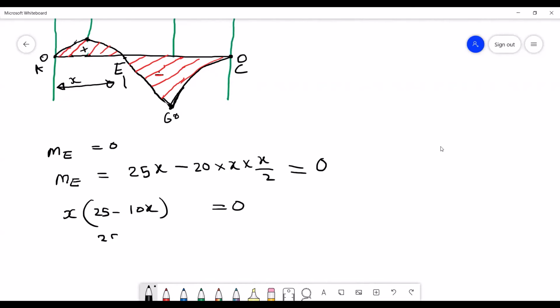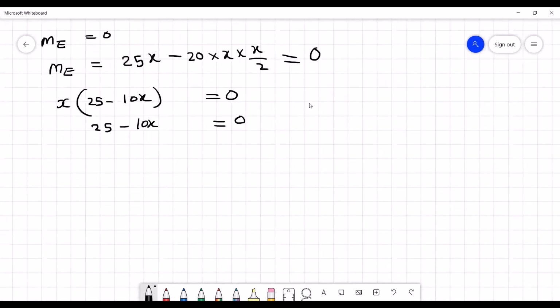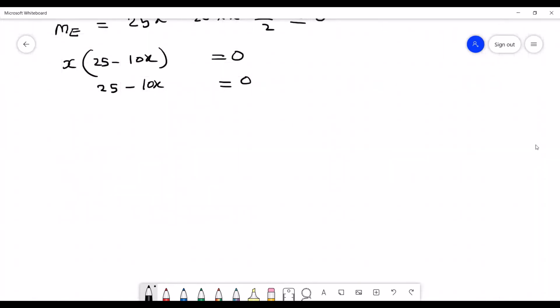It means 25 equals 10X. When 10X goes to the right side, then X will be 25 upon 10. So we are getting 2.5 meter.